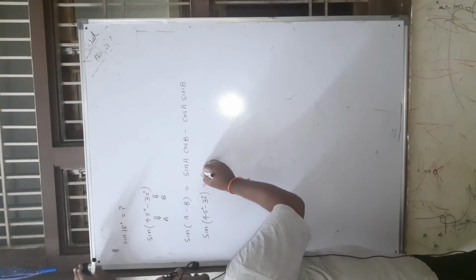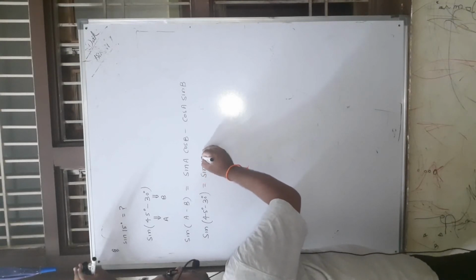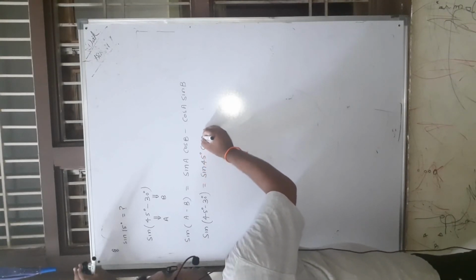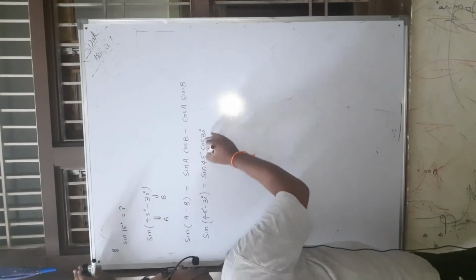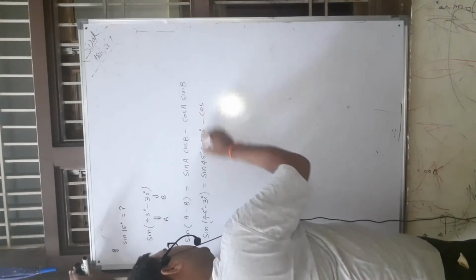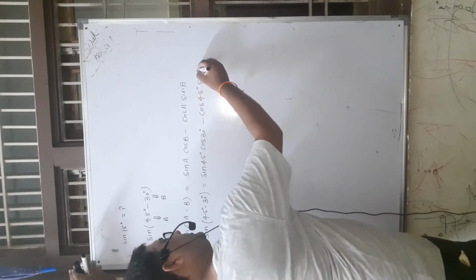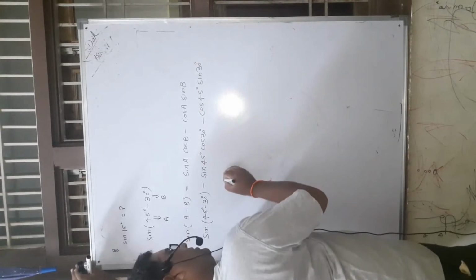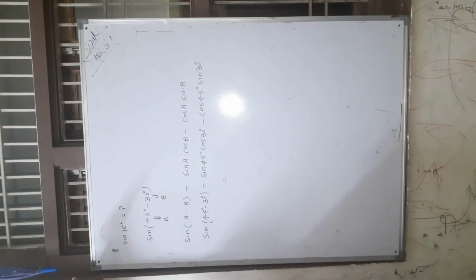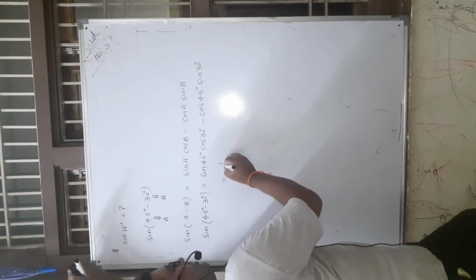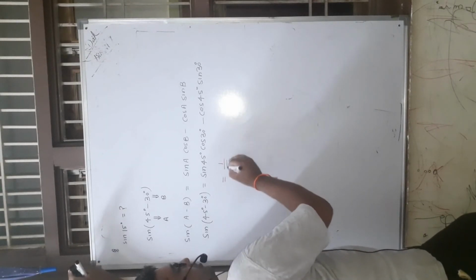So here we can write sine A means sine 45 degree, cos B means cos 30 degree. Sine A cos B minus cos A means cos 45 degree, and B means sine 30 degree. Okay guys. So what will be the value of sine 45? Sine 45 is equal to 1 by root 2.